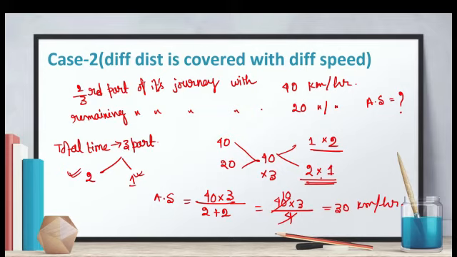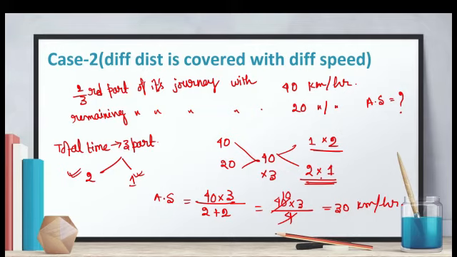So, what was the question? 2/3 part of its journey, the car moves with 40 km per hour, and the remaining part of its journey, the car moves with 20 km per hour. Then, what is the average speed? So, what we have done?